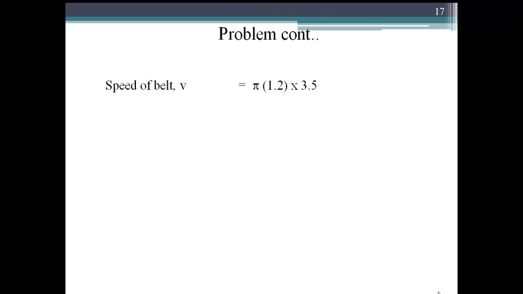So pi into d, which is 1.2 meters, into 3.5 gives the speed of the pulley. Then v equal to 13.19 meter per second. This is more than 10 meter per second, so we need to consider the centrifugal tension here.